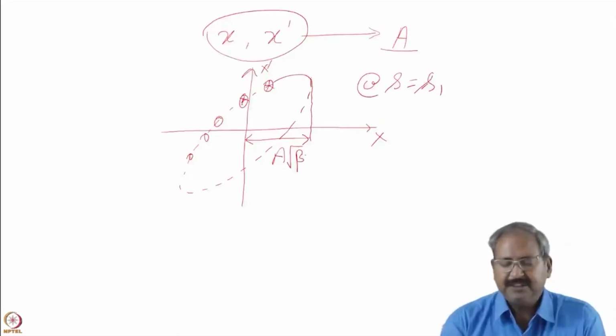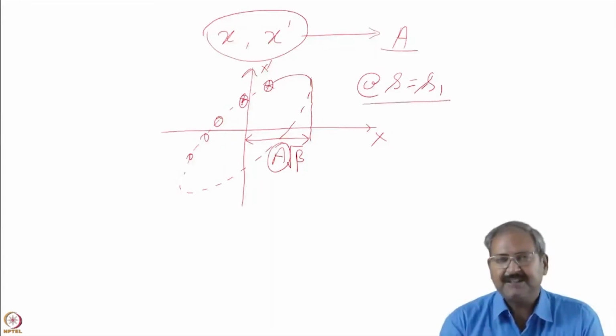So by knowing the beta for a particular invariant of motion, we can find out what is the maximum possible amplitude of betatron oscillation corresponding to that invariant of motion at a particular location S is equal to S. At another location, say at S is equal to S2, beta changes because beta is a function of S. So at that location, amplitude will also change.